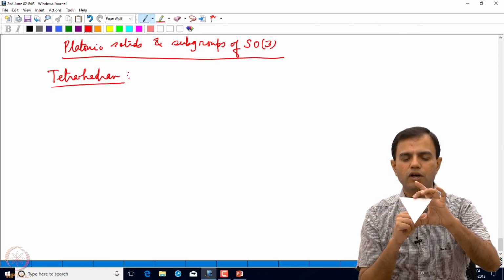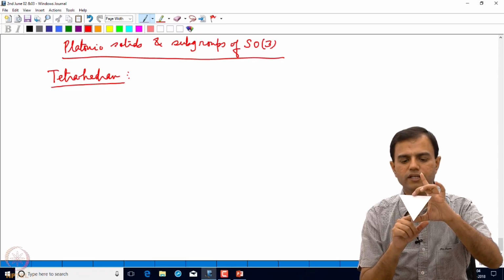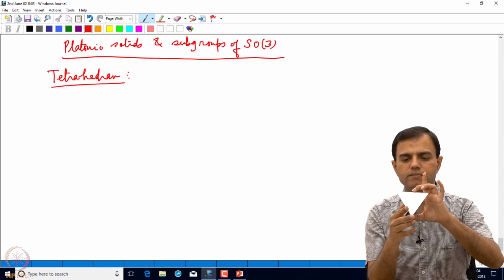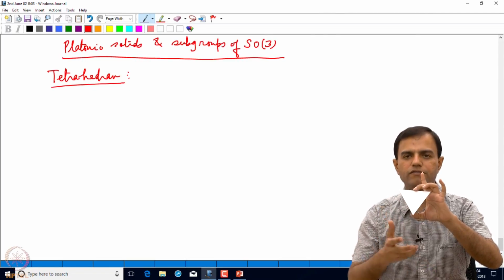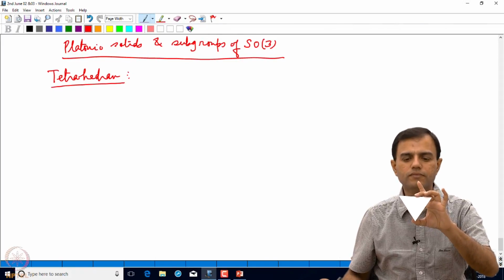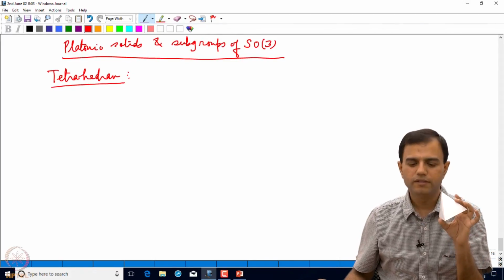And now I can rotate by 180 degrees. If I rotate by 180 degrees, I am back to a similar kind of symmetric motion. This is a symmetric rotation. So here is an order 2 element.